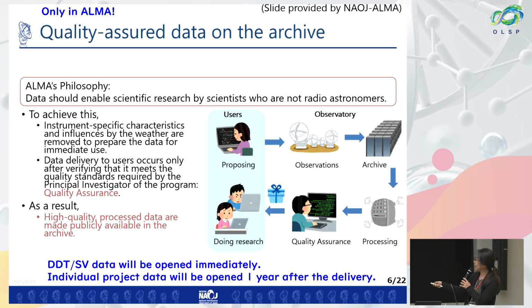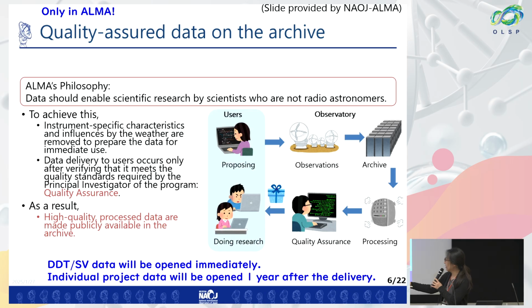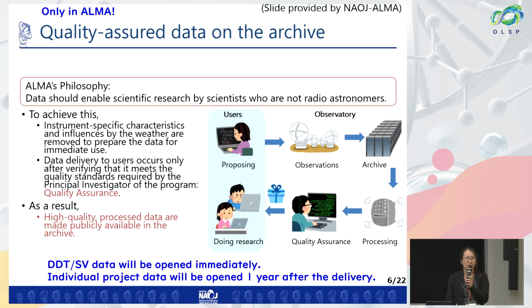If it doesn't pass, it goes back to the observation again. And finally, if it passes the quality check, it will be delivered to the proposers, and after 1 year, or half a year for the director's time case, it will be open to the community. Then anybody can download the ALMA data.